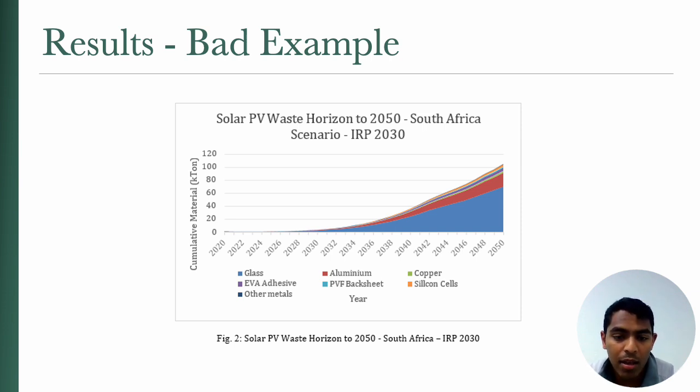What it communicates to the audience of policymakers is that most of the waste generated is glass, and this waste increases over time, but it does not communicate the relevance of the waste generated to the capacity to manage it, and it does not communicate whether the amount of waste is substantial or problematic.